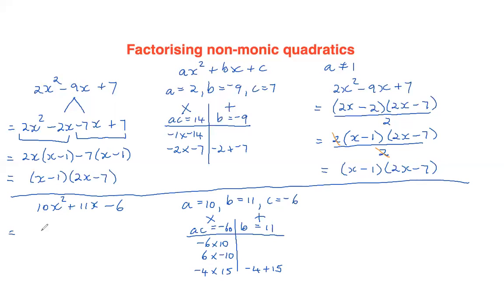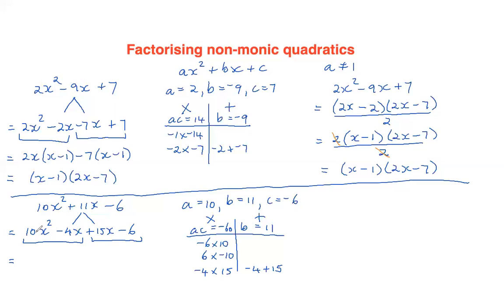So once again, we keep our first term the same, but we split the second term up using the numbers that we found. So I'm going to have minus 4x plus 15x, and then I'm going to have the minus 6 on the end. So pairing up the first two and pairing up the second two, and then factorising each of those.